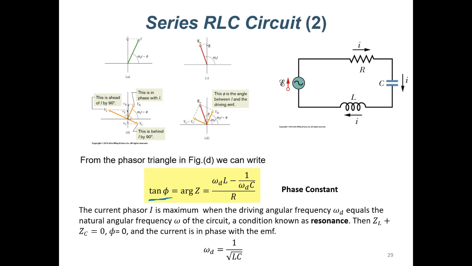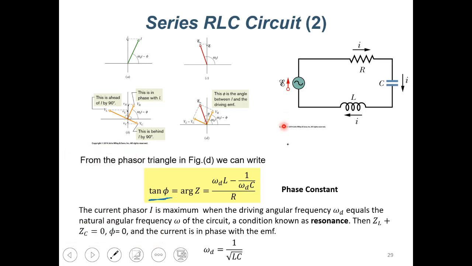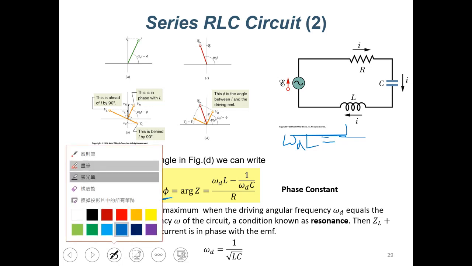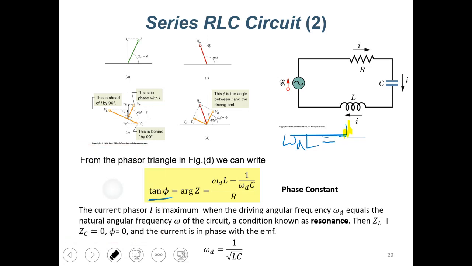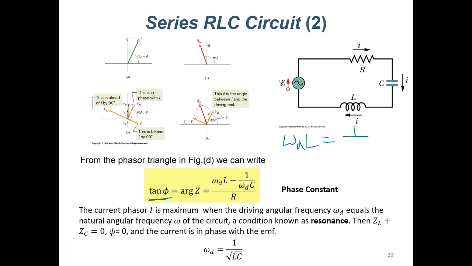If this equals 0, it means omega_d L equals 1 over omega_d C. So omega_d squared equals 1 over LC.